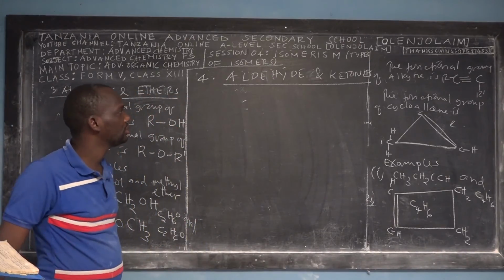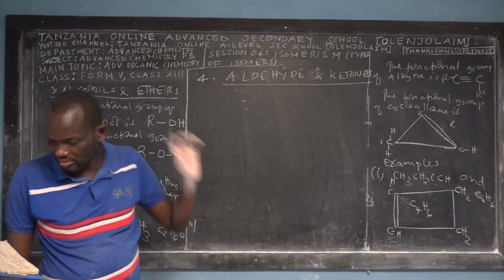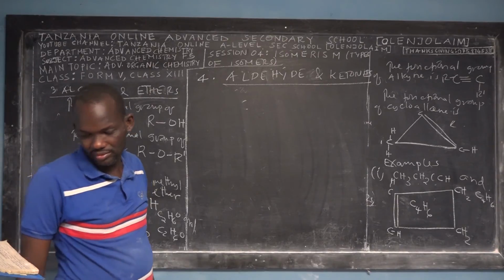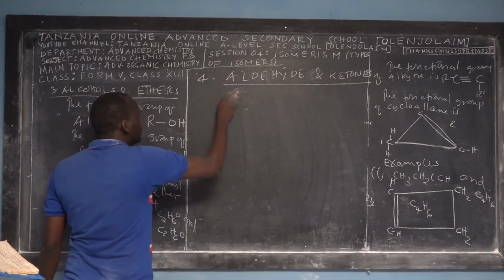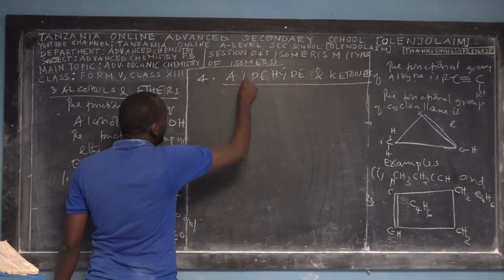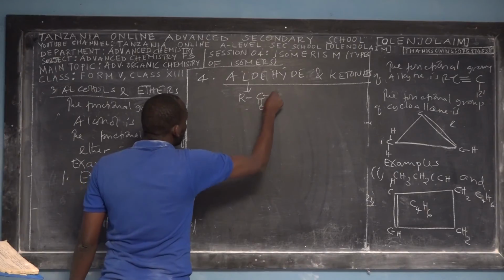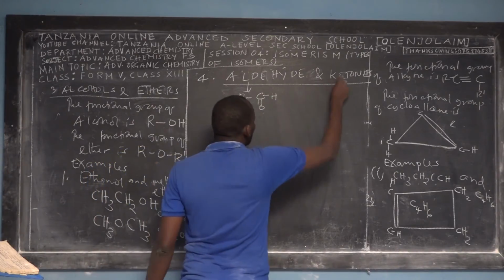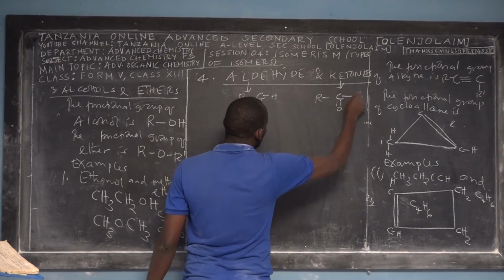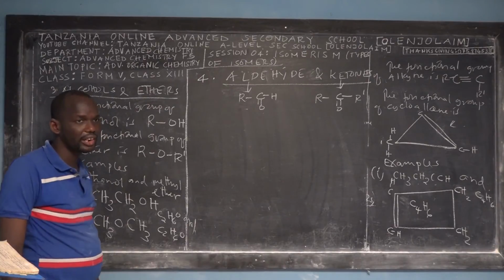For example, the functional group for aldehyde is RCHO, and the functional group for ketones is RCOR'. We will learn it later, don't worry.